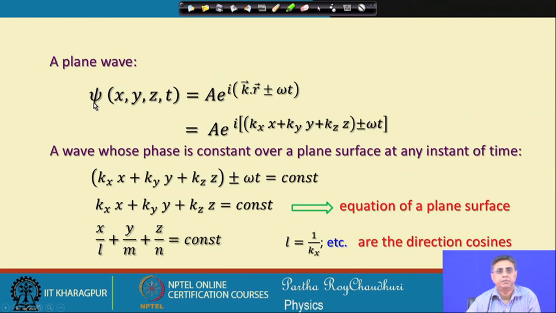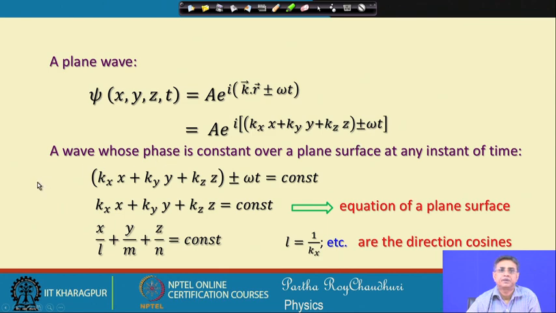Now, a plane wave is usually written in this form, and this is the compact form using this R. So, if you decompose this, k dot R as k_x x plus k_y y plus k_z z, then this quantity represents the phase of the electromagnetic wave.